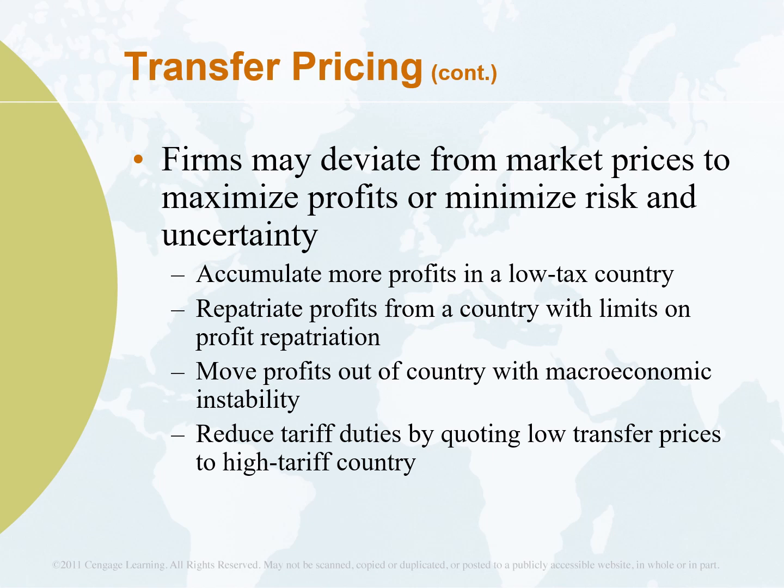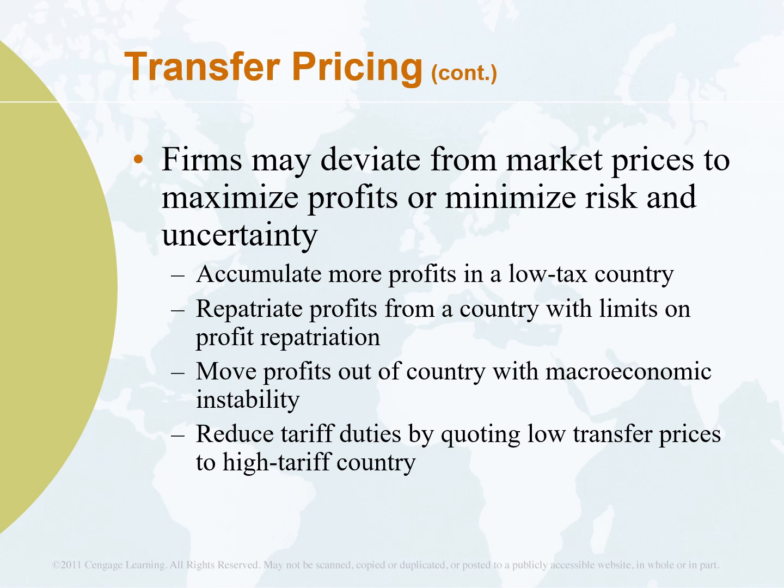They can repatriate profit from a country with limits on profit repatriation. They can move profits out of a country with macroeconomic instability. They can reduce tariff duties by quoting low transfer prices to a high-tariff country. You can see that's how companies avoid taxes.